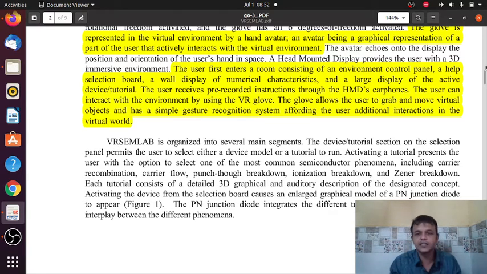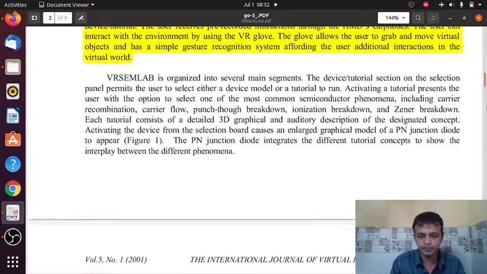They can change the physical dimensions and other parameters of the device, and they can see the changes happening very dynamically. Even if it is under operation and they make any change, the change can be seen immediately. So what are the changes they can see? Let us see.